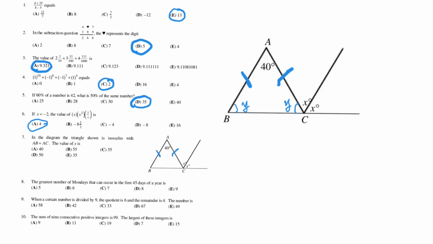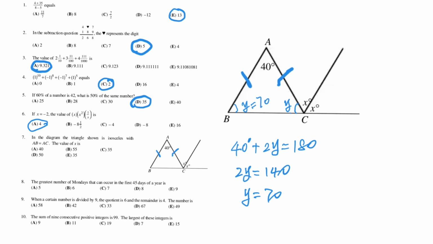So that's y. Because the sum of interior angles of a triangle is 180, 40 plus y plus 2y equals 180. So 2y equals 140. y equals 70.